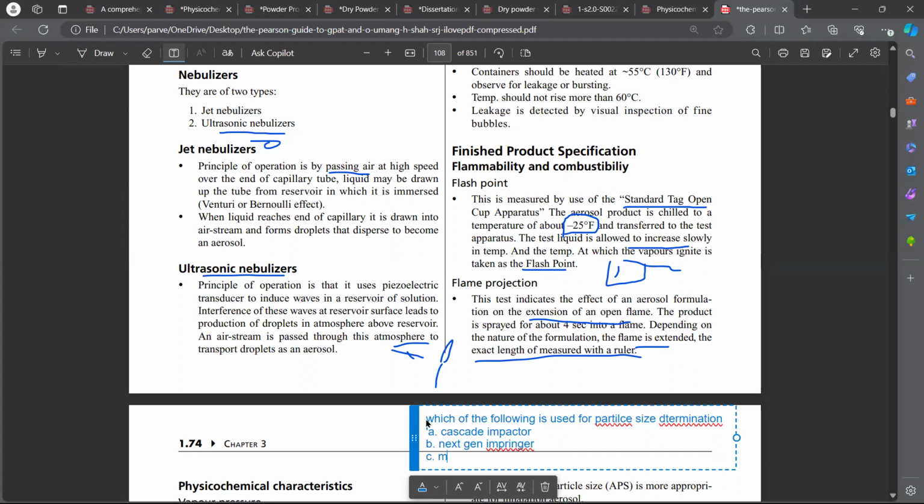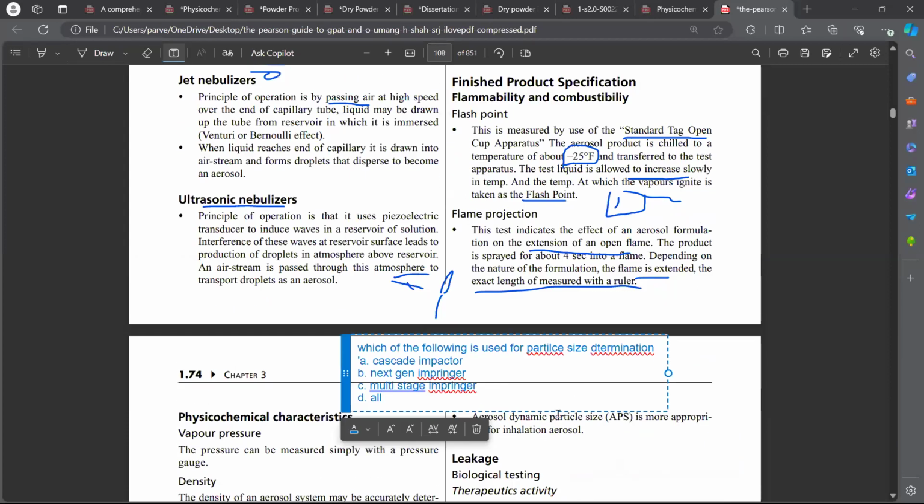C, multi-stage impinger. D, all. Tell me the answer for this MCQ, guys.